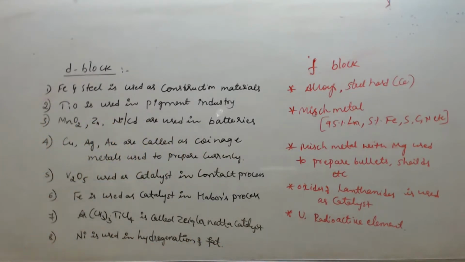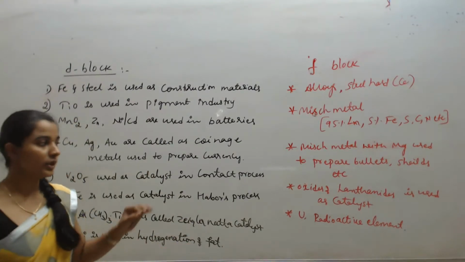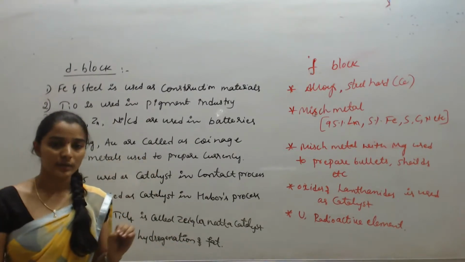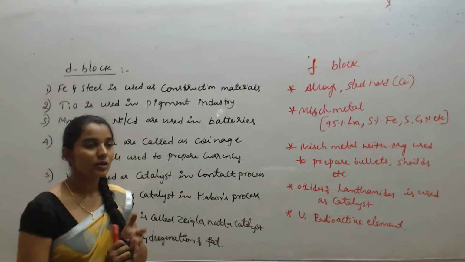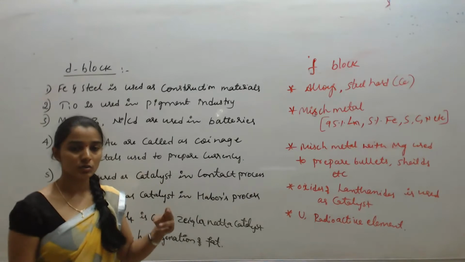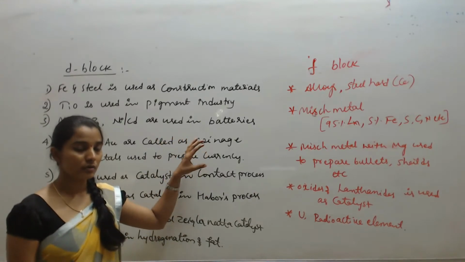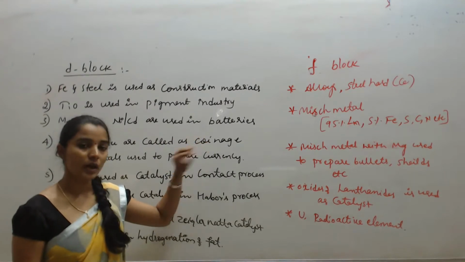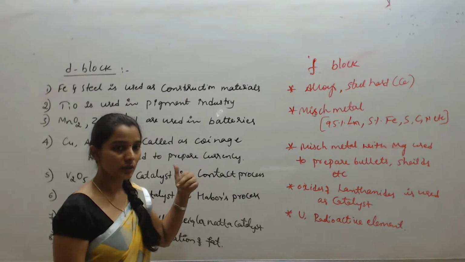So these are all the uses of d and f block elements, and this completes the chapter d and f block elements. As I told you students, this chapter is important for 8 marks, 2 marks 1 question, 3 marks 2 questions. The question numbers 23 and 24. 23 is from the preparation of either K2Cr2O7 or KMnO4.